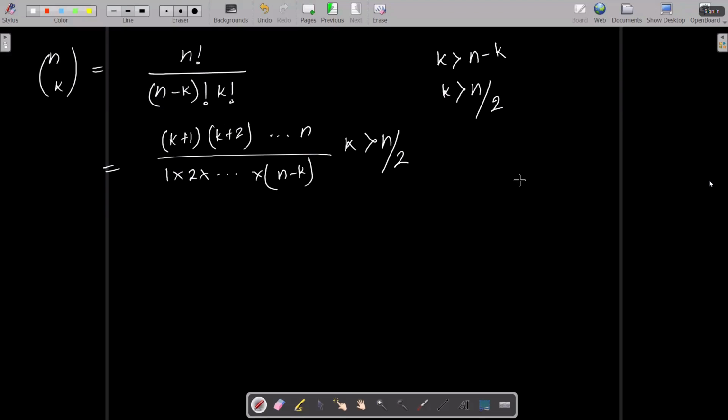Now there is something interesting with these binomial coefficients. Have you heard about Pascal's triangle? Is anyone familiar with Pascal's triangle? Yes. Pascal's triangle is something like this.